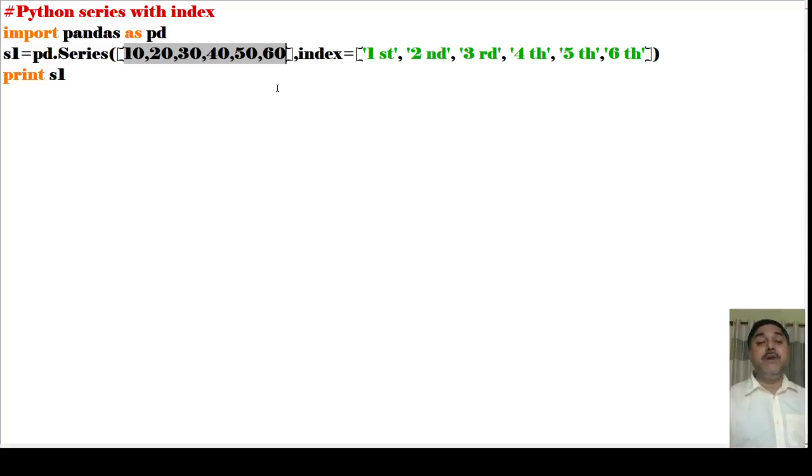So the index that I have given here is first, second, third, fourth, fifth, sixth. Why? Because I have six values, and you can work on these six values.